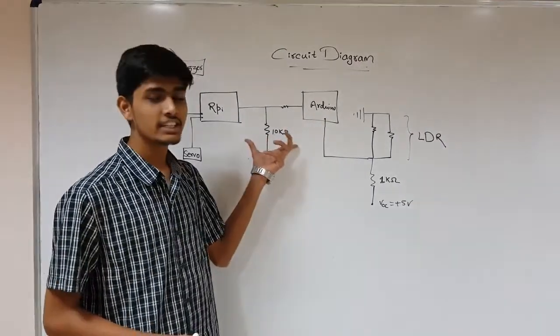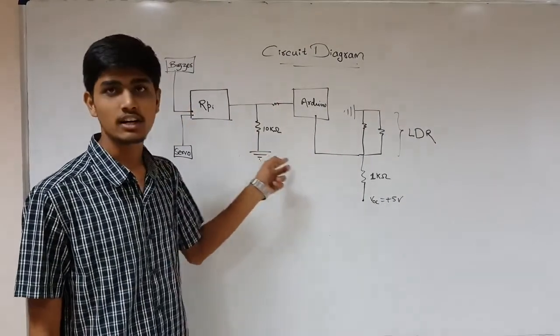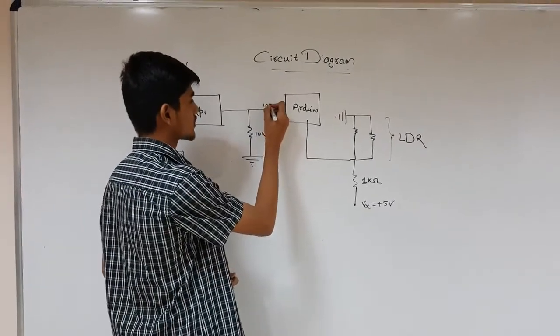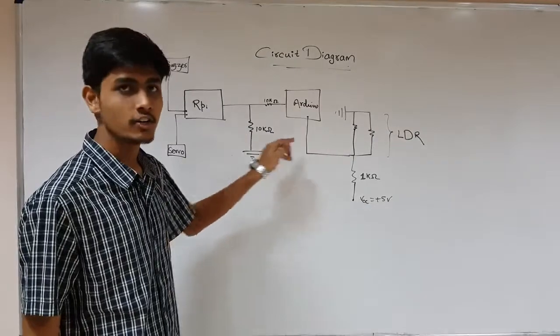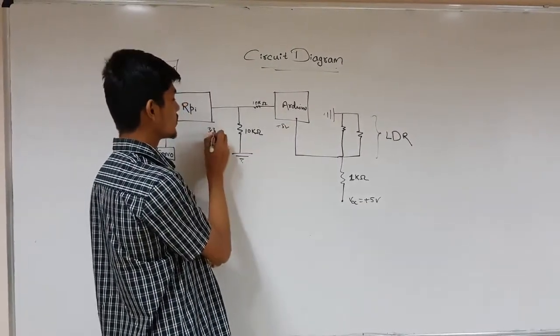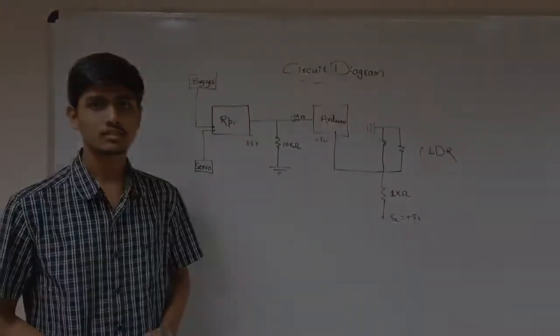So for safer serial communication, we needed this voltage divider circuit. The voltage divider circuit would drop the plus 5 volt from the Arduino to 3.3 volt here at the RPi, so the RPi module will be safe.